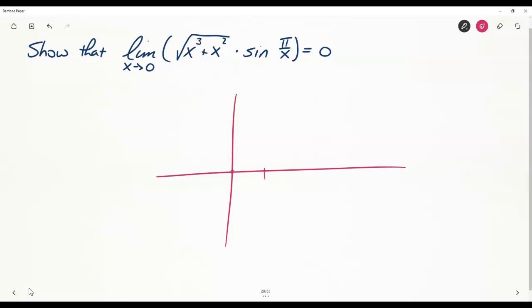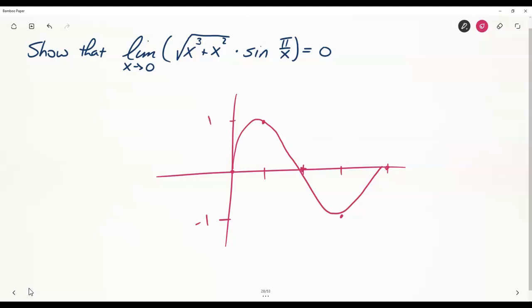So this is pi over 2, pi, 3 pi over 2, 2 pi. And the function looks like this. So it comes up, and down, and then back. Yeah, the smallest value it can take is -1. The largest value it can take is +1.